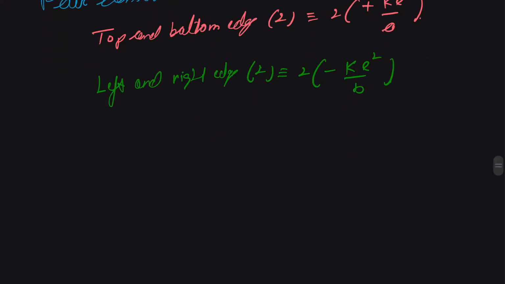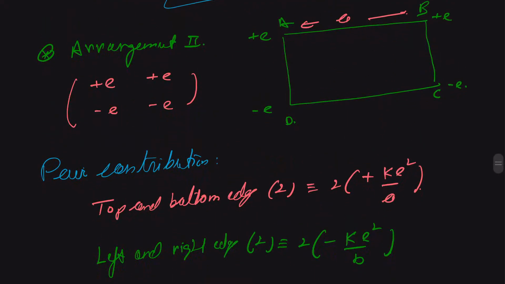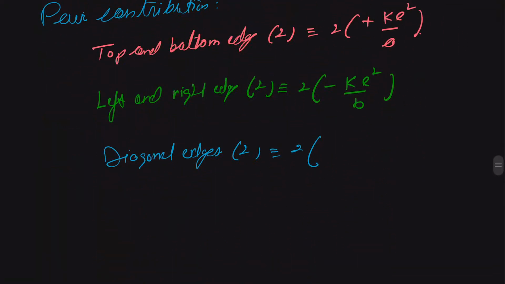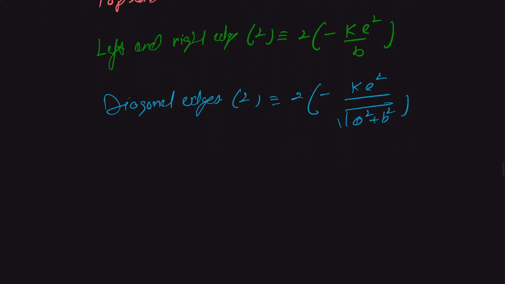Then we come to our diagonal part. Diagonal edges, and there will also be two, so we get this as twice, and the diagonal will always be opposite charge, so this is minus k e square, and the distance between them is the square root of a square plus b square.